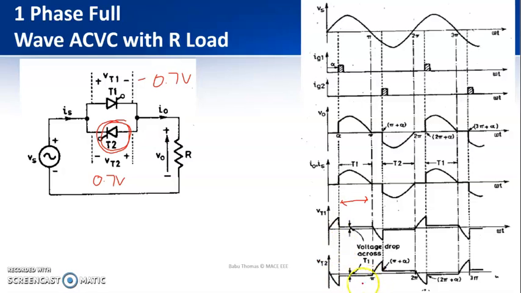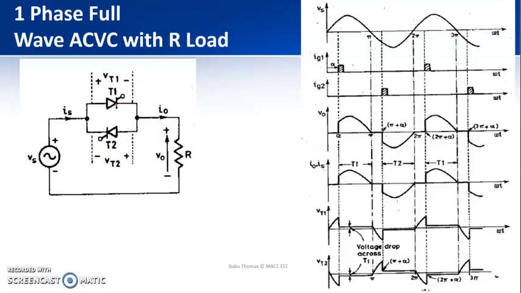You just need to observe the voltages across thyristors T1 and T2, because they are connected in anti-parallel. Whatever the voltage drop across one device comes across the other device with opposite polarity.